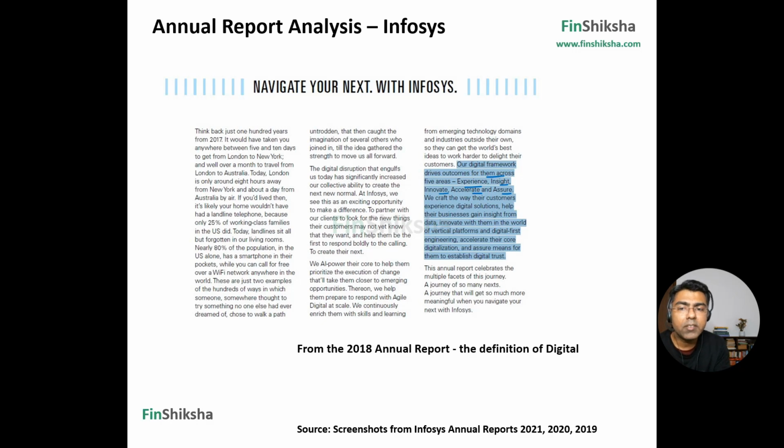And assure means that help them to establish digital trust. So the idea is to use analytics, the idea is to use data, big data, the idea is to use digital technologies to ensure how this could create value for the customer of Infosys, who could then deliver value to their customers.